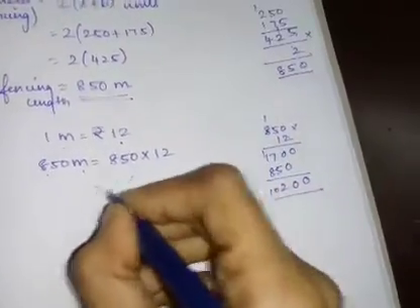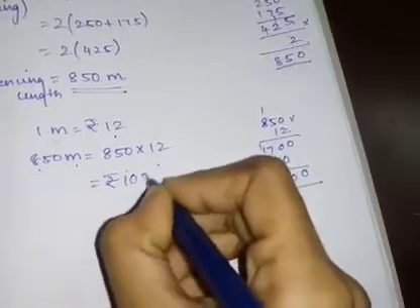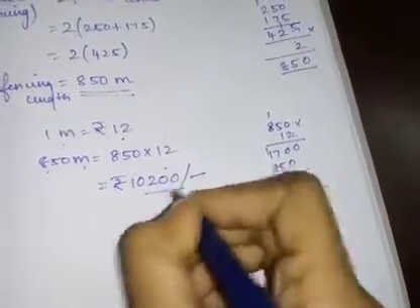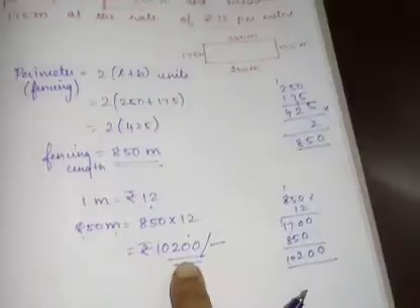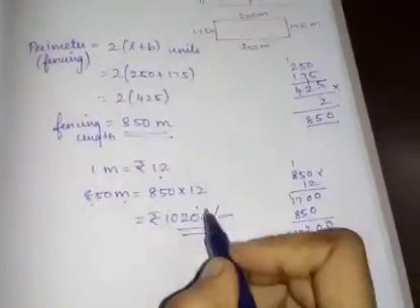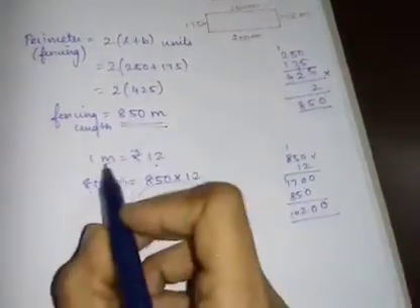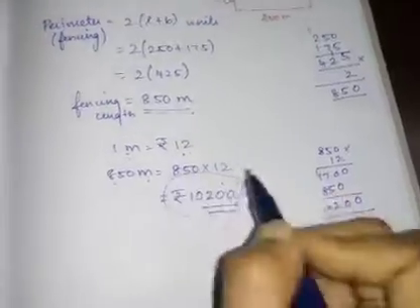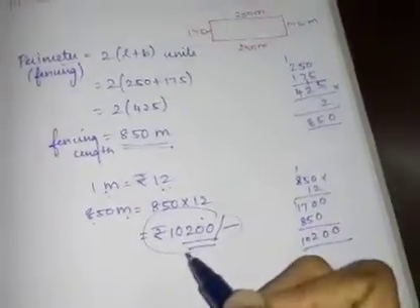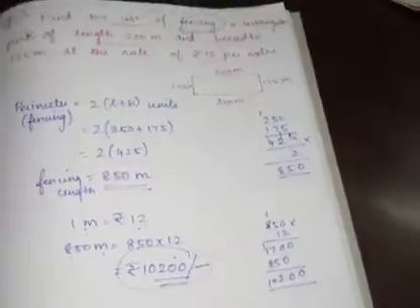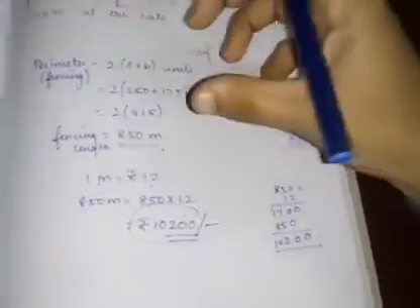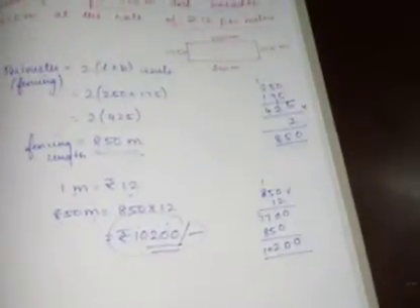So rupees 10,200 is needed for fencing that rectangular park. Because for 1 meter 12 rupees, for 850 meter 10,200 rupees are needed for fencing. We just find the perimeter, then multiply by the rupees. This is the perimeter of a rectangle.